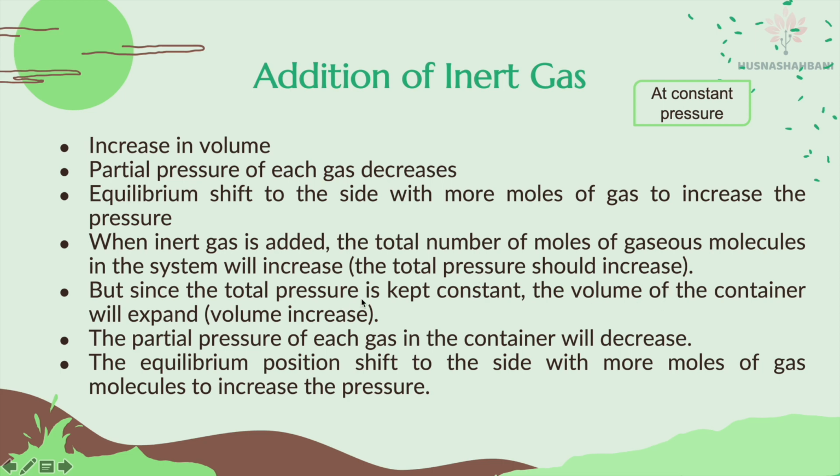But since the total pressure is kept constant, you cannot increase the total pressure. At constant pressure, you must increase the volume of the container, the volume of the system. If you increase the volume, the partial pressure of each gas will decrease.